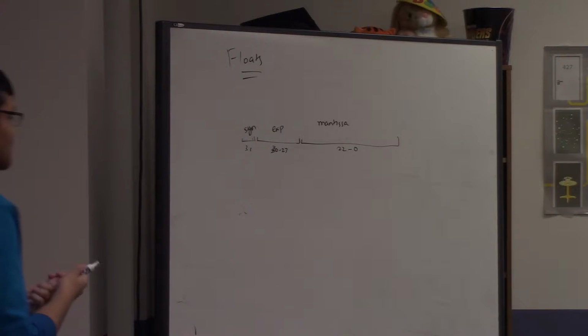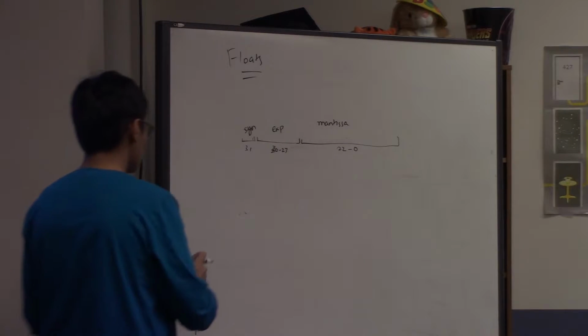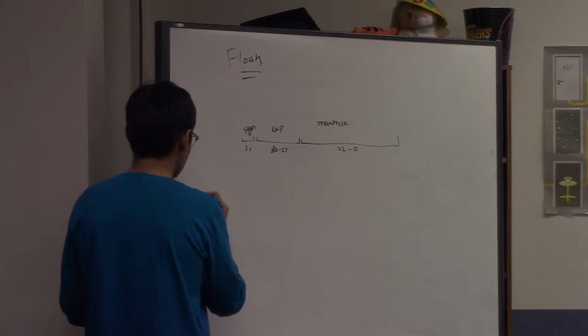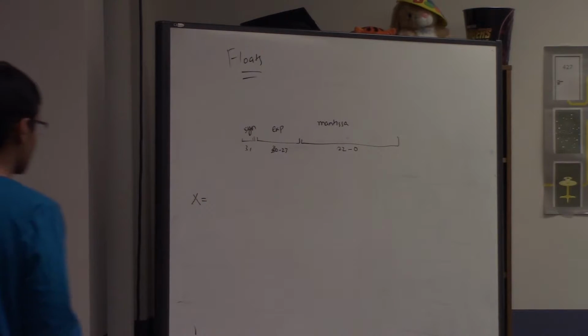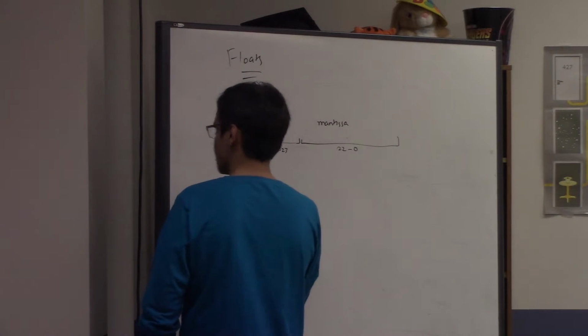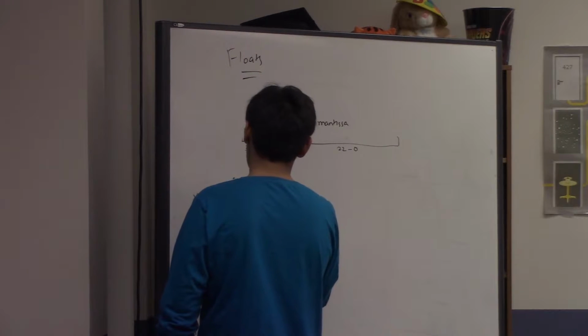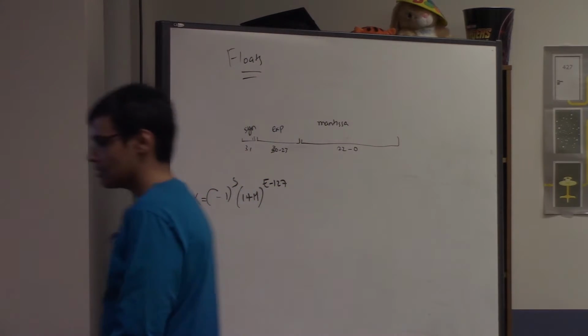But really, what does this mean? Okay. So here's what we're going to do. Let's say we have a number x first. I actually want to write this formula down, but I'm not going to explain it before I go further. (1 plus m) times 2 to the e minus 127.